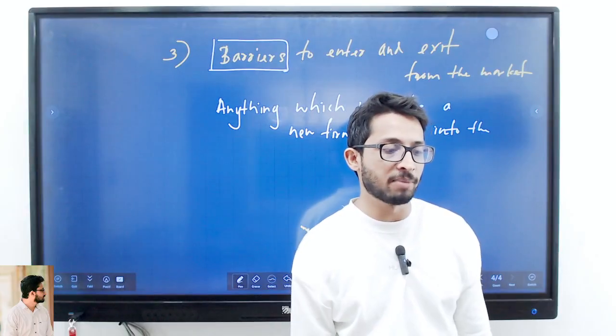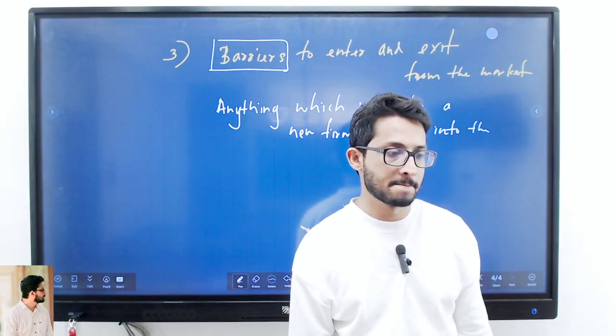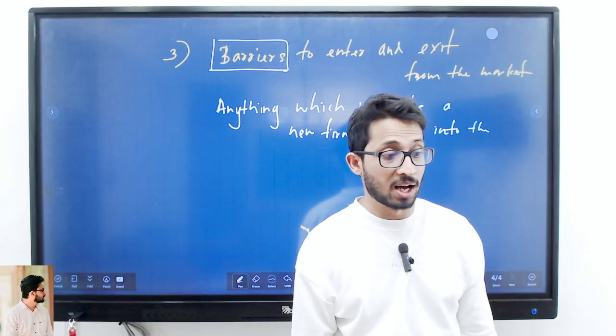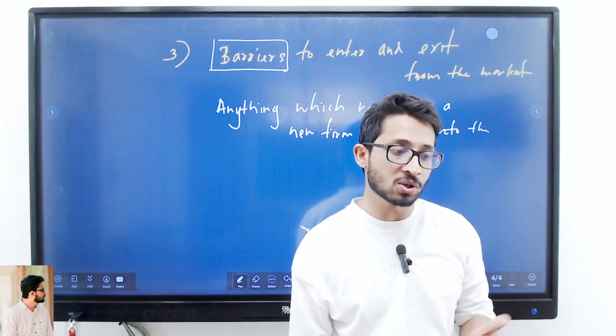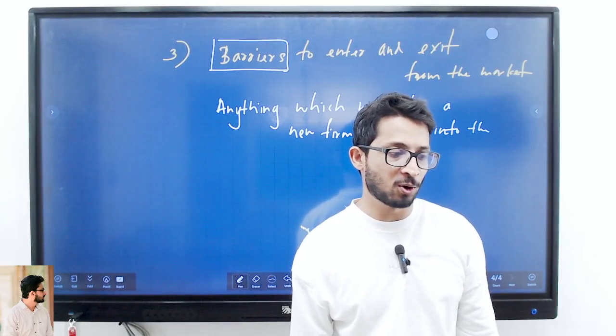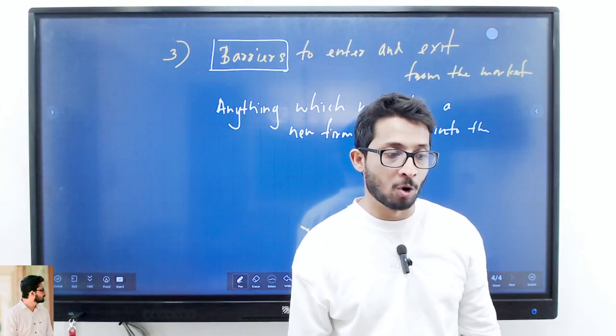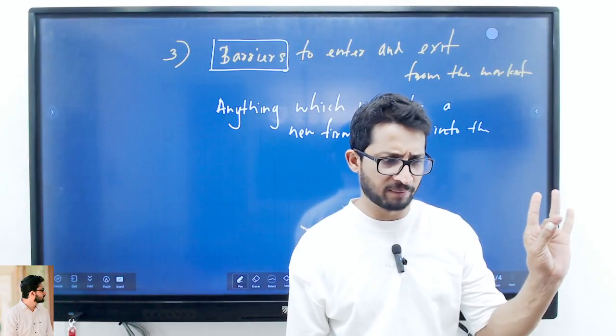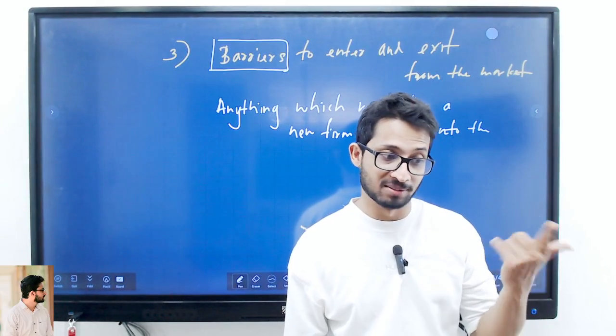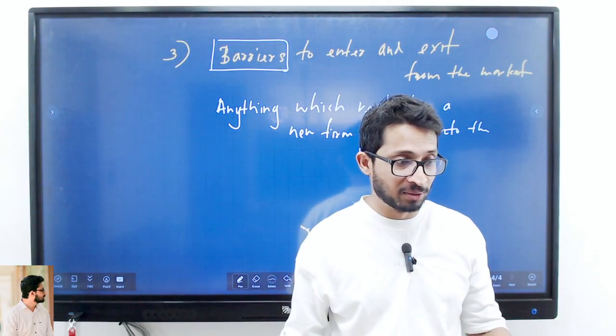Is there a big number of producers, or few, or one, or only two? Remember, Airbus and Boeing. I think you might have heard. Only two in the world.